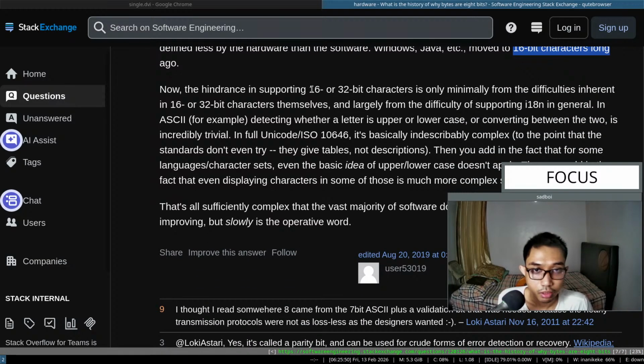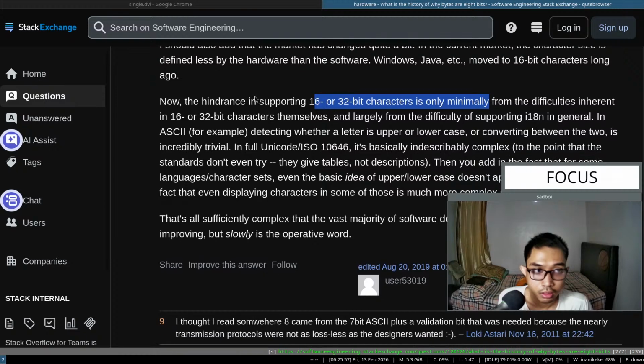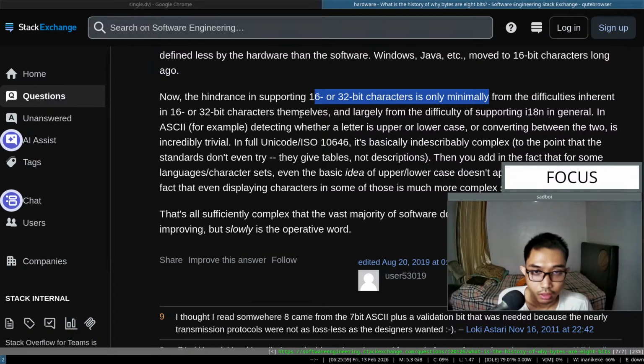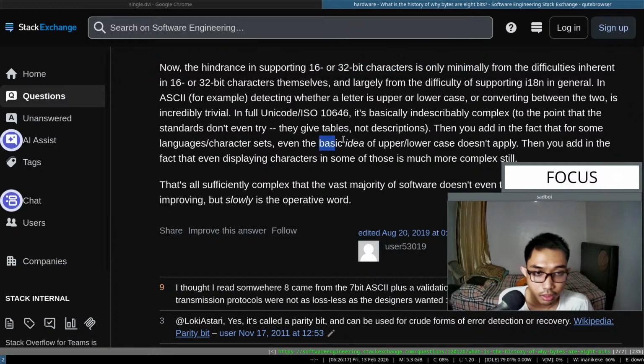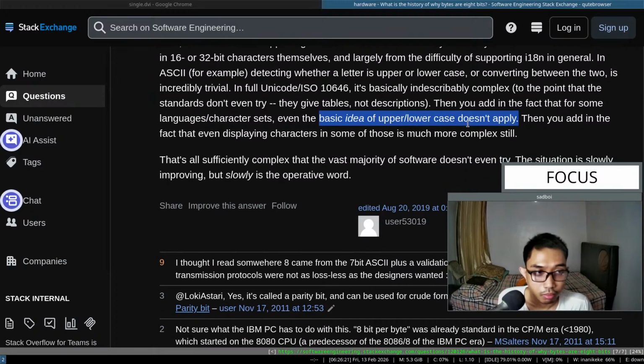The interest in supporting it suffers from the difficulties inherent. Then you add in the fact that for some languages or character sets, even the basic idea of upper or lower case doesn't apply.